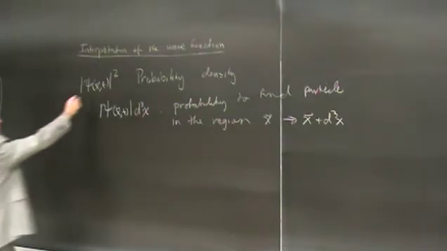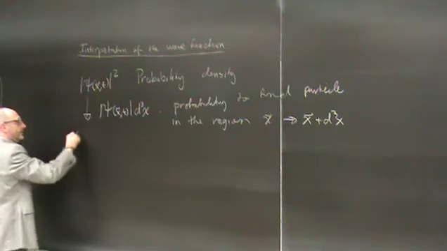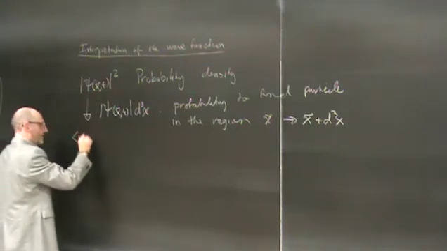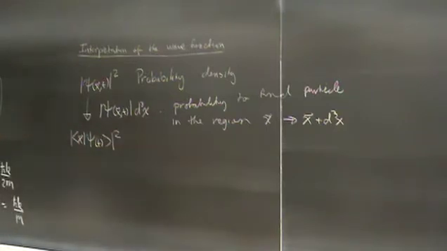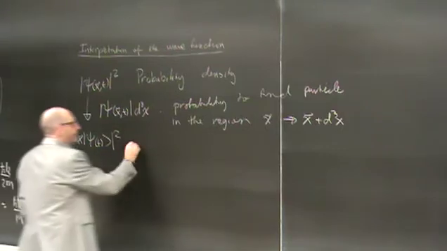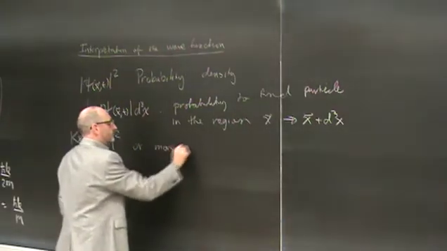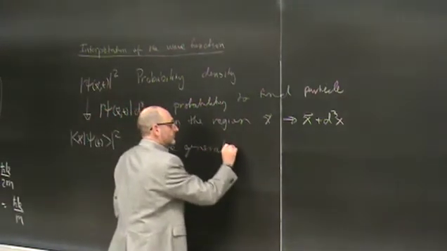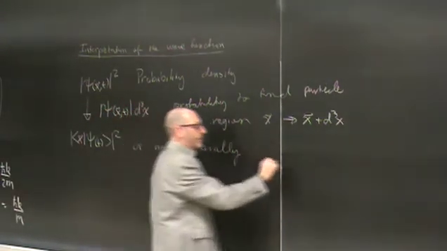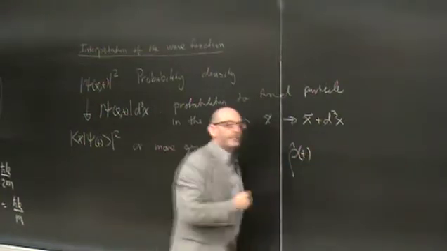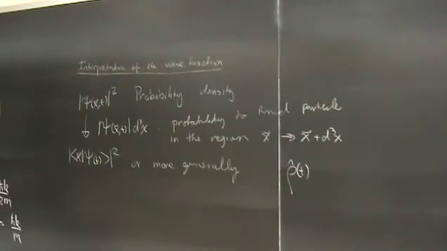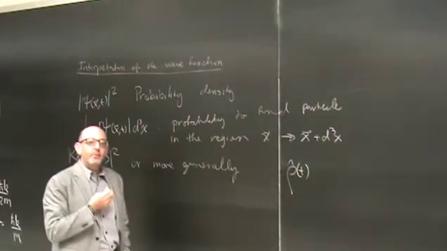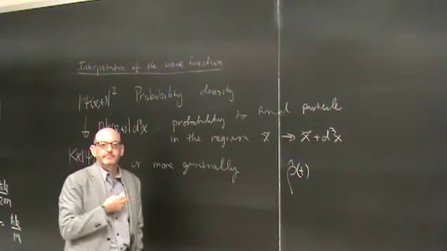Of course, we can think about this, if we like, as the representation of the state in the position representation. Or more generally, if I have a density operator, meaning I have a mixed state, what is the probability density to find the particle at position x?